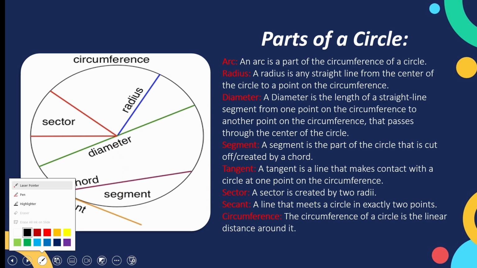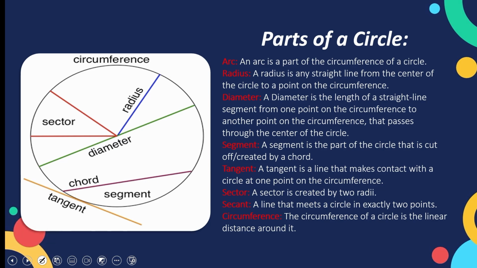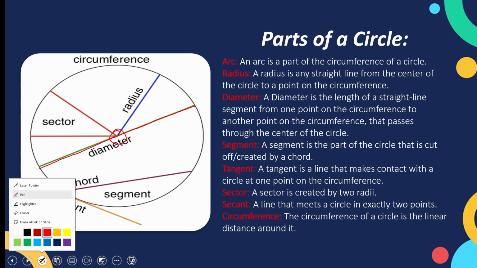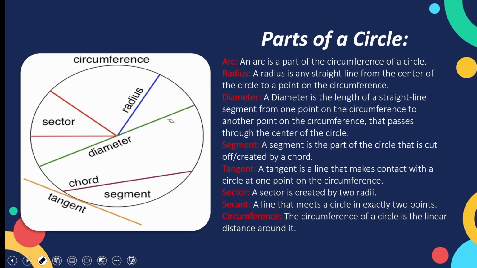That is not a diameter. A diameter is a straight line from one side of the circumference through the center to the other side of the circumference. So please make sure you understand that.